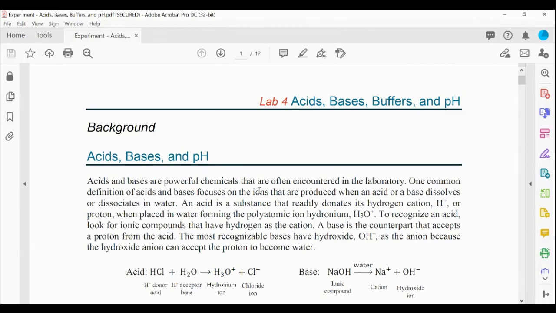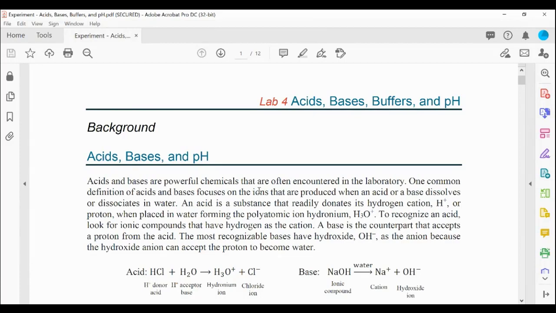Arrhenius, in 1880, defines a base as a substance that produces OH- ions in aqueous solution. A base is a substance that produces hydroxide ions in aqueous solution.